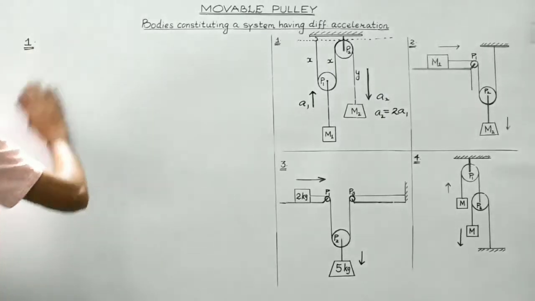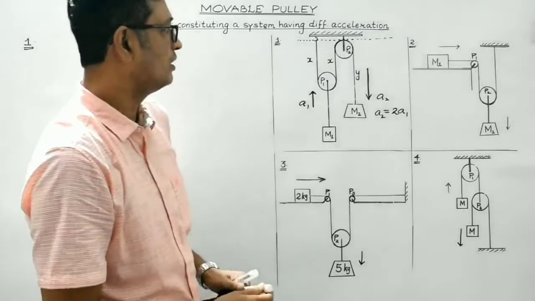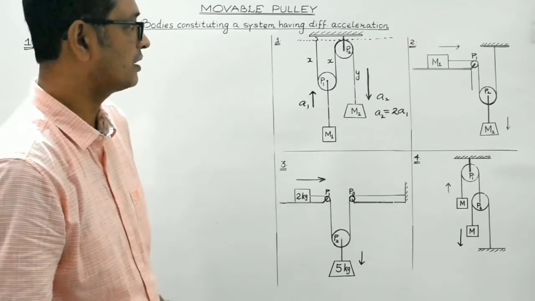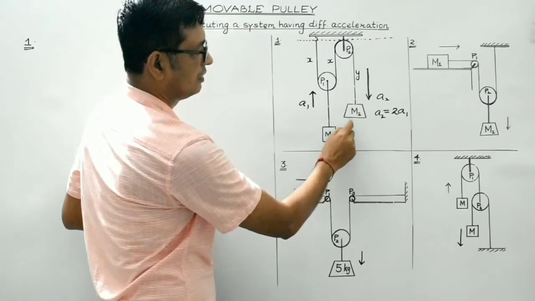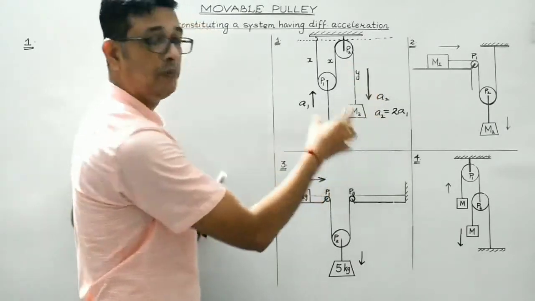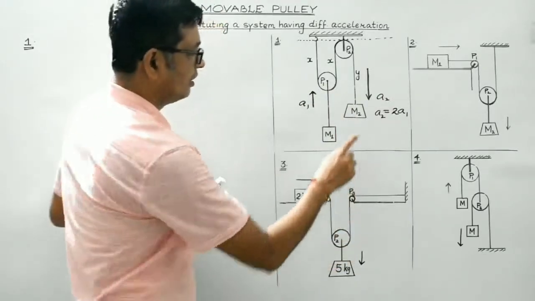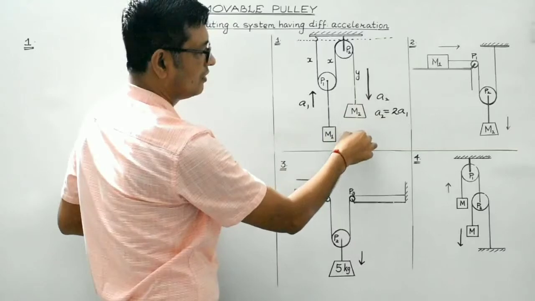Okay, let me convince you then. Friends, suppose this mass moves downward by a distance of 4 meters. I repeat, suppose this mass M2 comes downward by a distance of 4 meters, right?